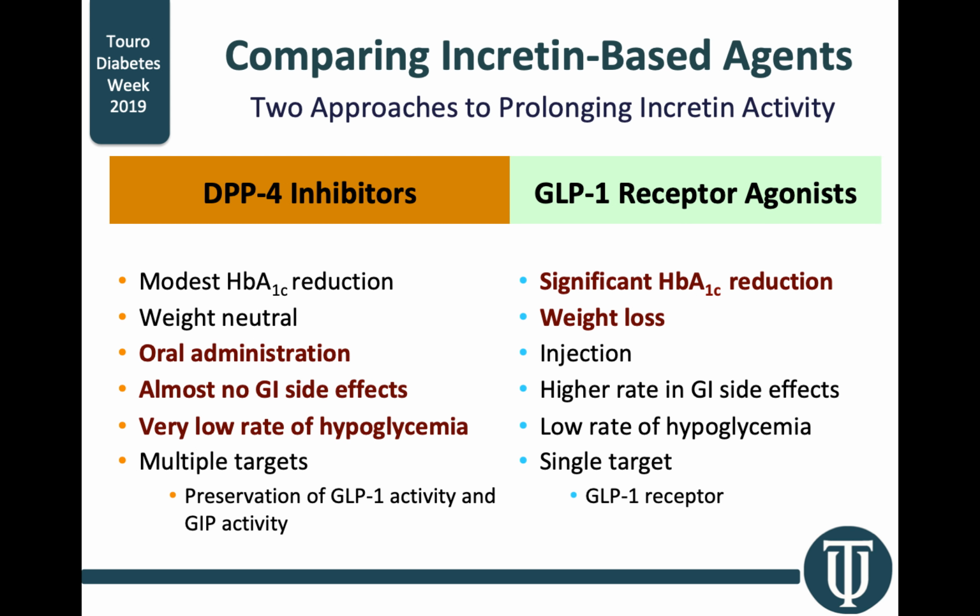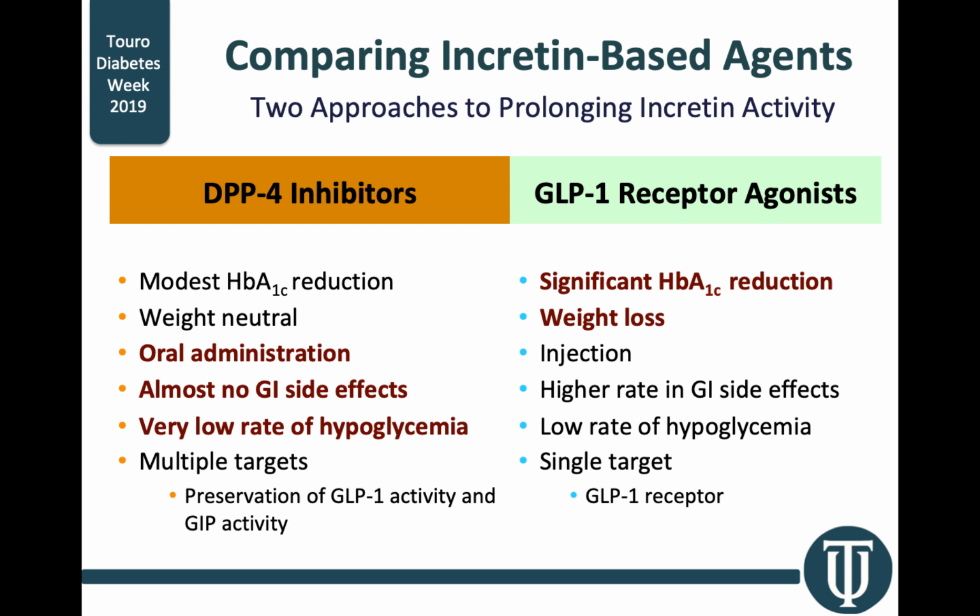First, they're oral agents, so it's very convenient, and they don't really cause a lot of GI problems. Also, there's a very low risk of hypoglycemia. However, they are not that potent. In terms of A1C reduction, probably you will see 0.7% at most, and they don't help with weight loss.